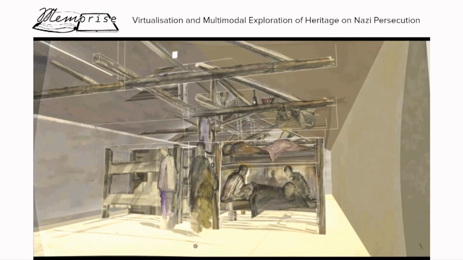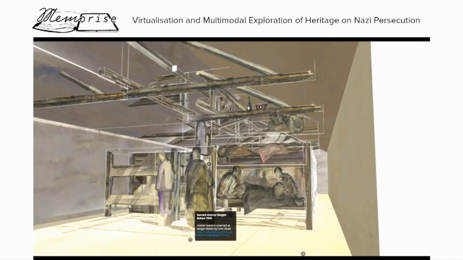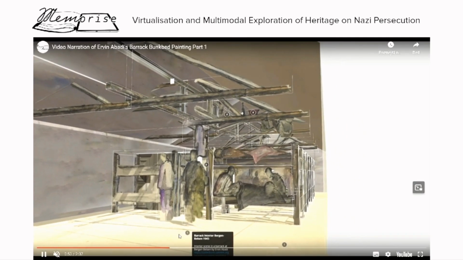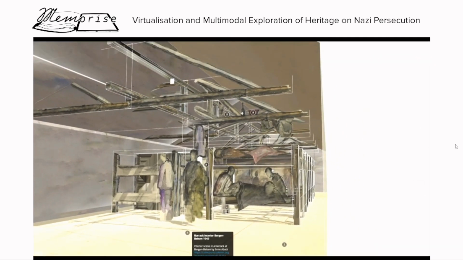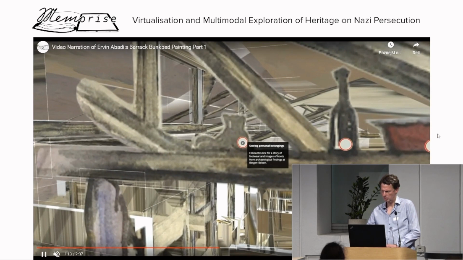So we have again this two-dimensional painting, and we have now a 3D version of this painting, in which you can see the different annotation points, which we can use to navigate a user through the story that tells about the experience within a barrack from a prisoner. Okay, I think that's enough for that one.